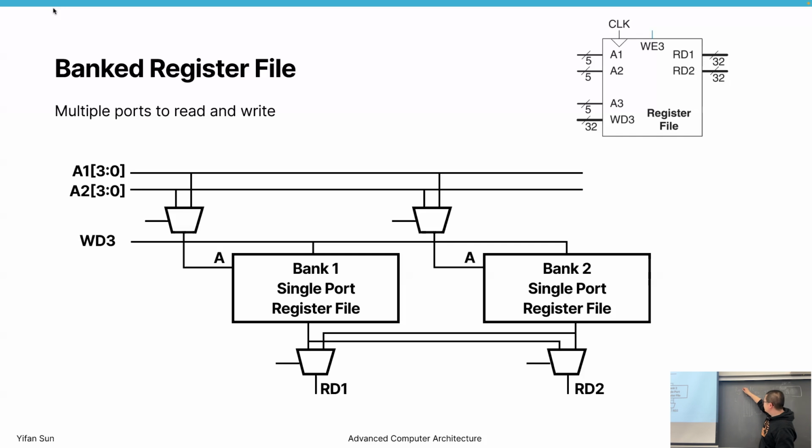Okay, so you have one input. Let's say this is R1, register 1, address 1, right? You only need one input. Then address 1 will go to all the ports, so eventually you'll have 32 wires out.